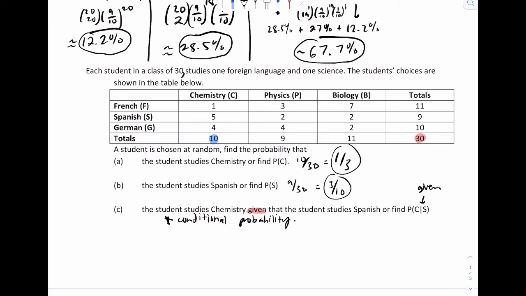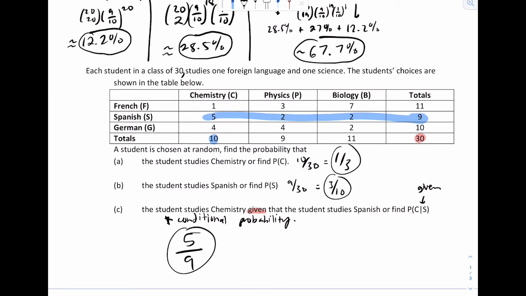So to do this question, what you want to do is really look at what it's saying. The student studies chemistry given that the student studies Spanish. So we're looking for the chance that they study chemistry given that they're already in Spanish. So focus on this whole row right here. This is everybody in Spanish, which means your denominator is 9 because you're only going to consider people in Spanish. And of those 9, how many are in chemistry? 5.